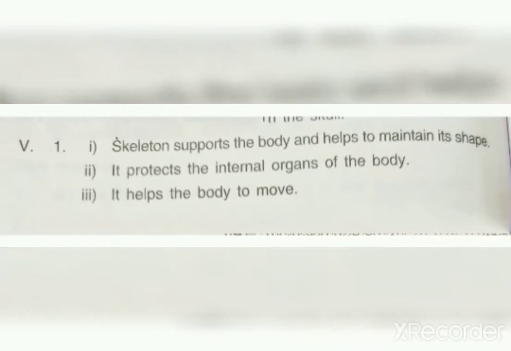So you have to write in points. Now first point is, skeleton supports the body and helps to maintain its shape. Second point is, it protects the internal organs of the body. Third point is, it helps the body to move. These are the functions of the skeletal system in the human body.